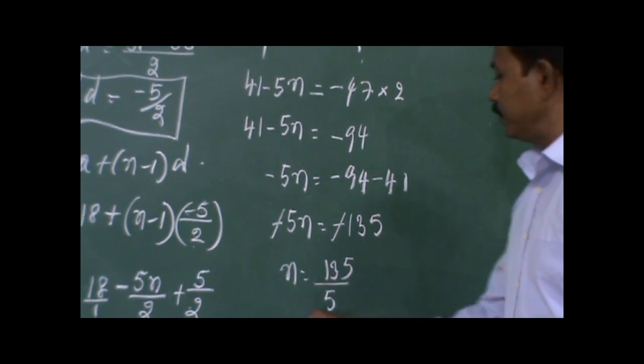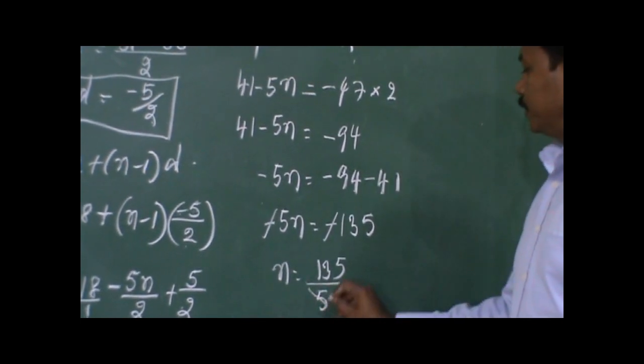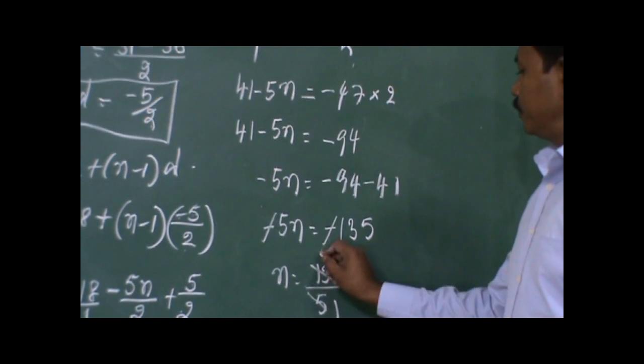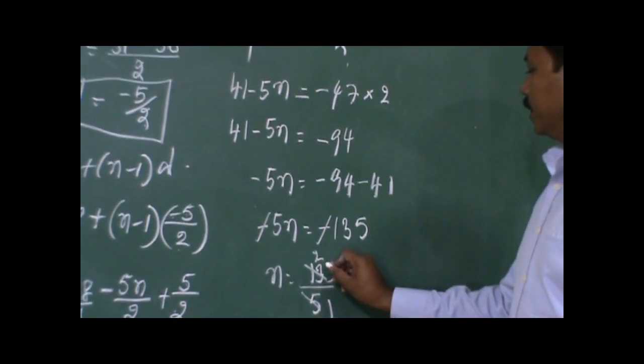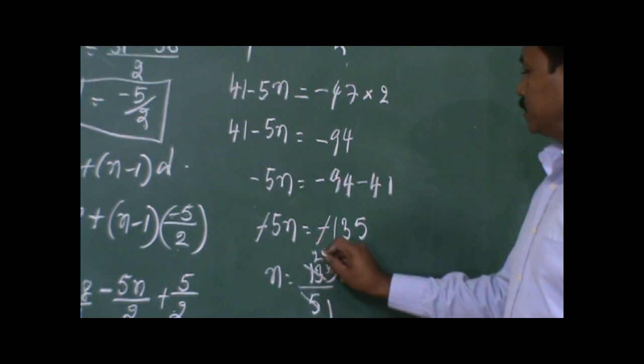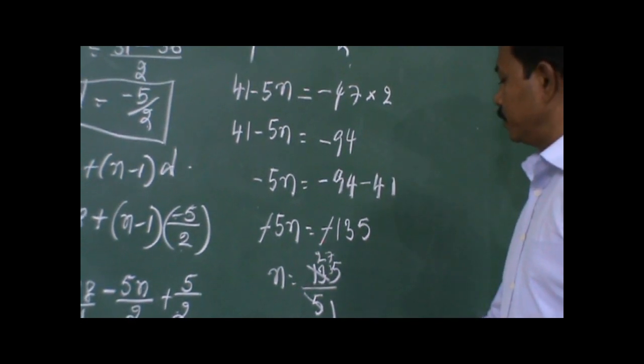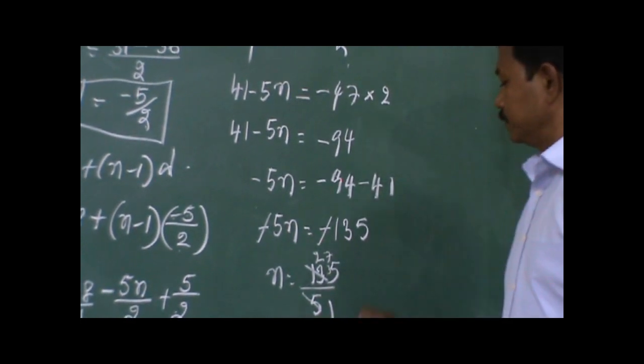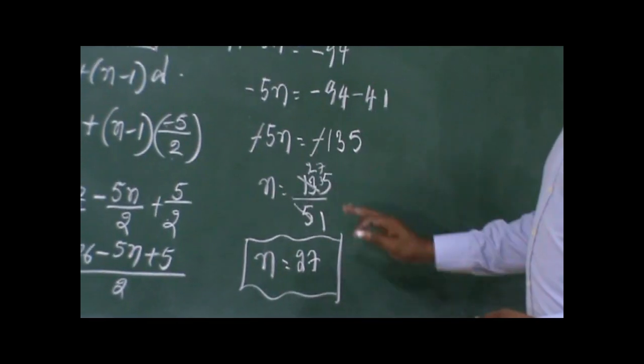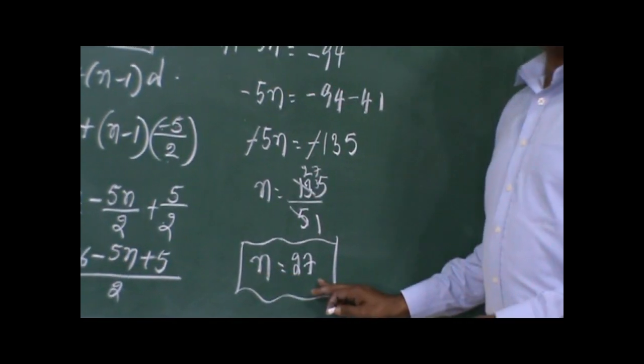135 by 5. So n is equal to 5 1s are 5, 5 2s are 10, 3 remains, and 5 7s are 35. So n is equal to 27. From this problem we have got n is equal to 27 as the answer.